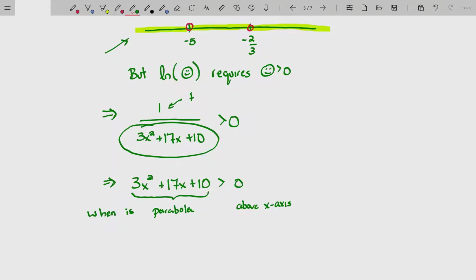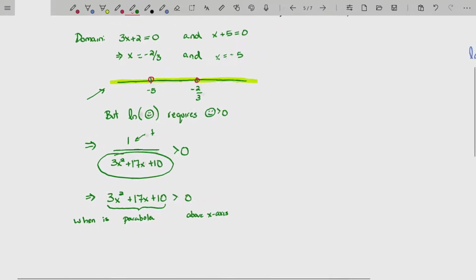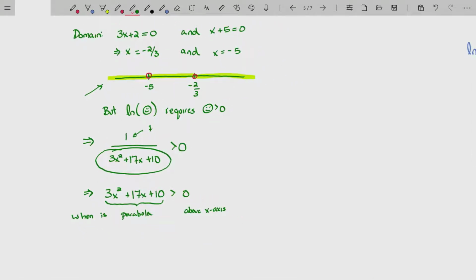And we're lucky enough that we already factored that parabola and found out that it became 0 at -5 and -2/3. But in addition to finding that out, we happen to know that because it's a positive 3, this parabola opens up. It opens upward.